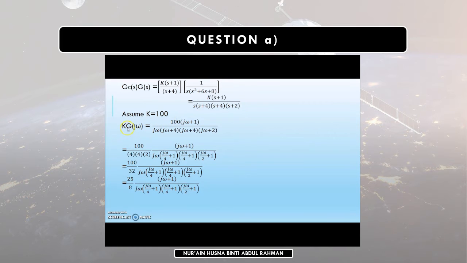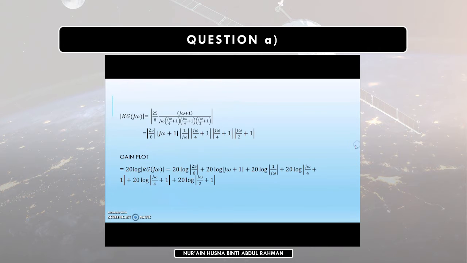Then we assume K equals 100, and we change the equation from S domain to J omega domain and simplify the equation. So the simplified equation becomes 25/8 times (J omega + 1) over J omega, (J omega over 4 + 1), (J omega over 2 + 1).